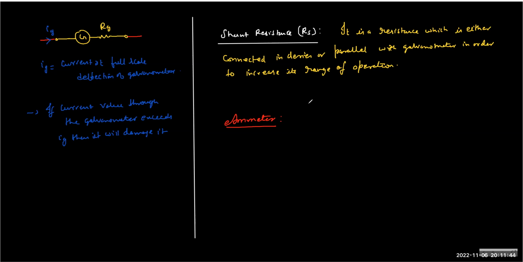So if someone asks you what is ammeter, what you can say? It is a current measuring device, and it is always connected in a circuit.